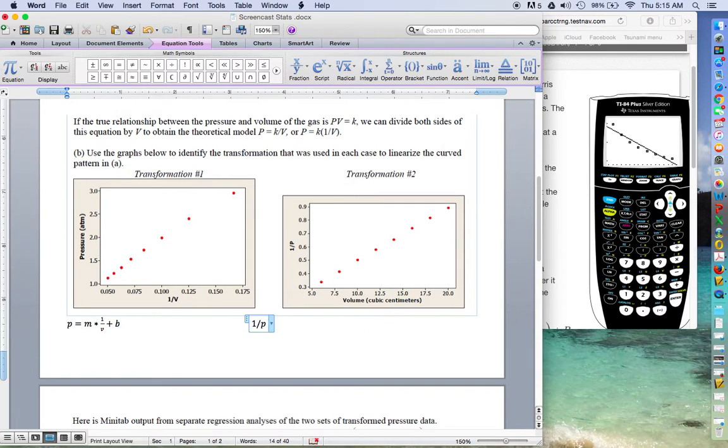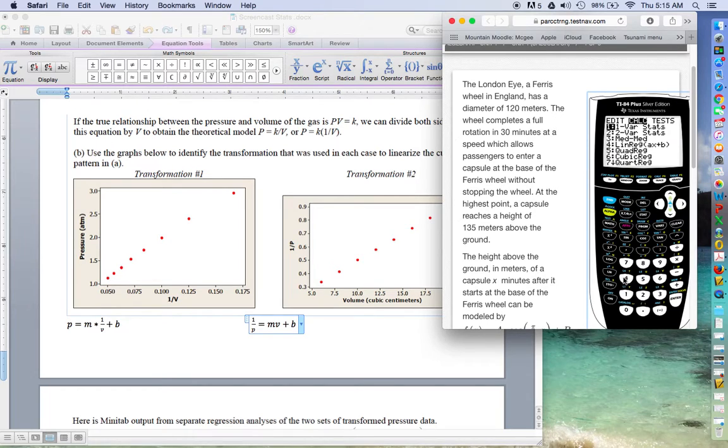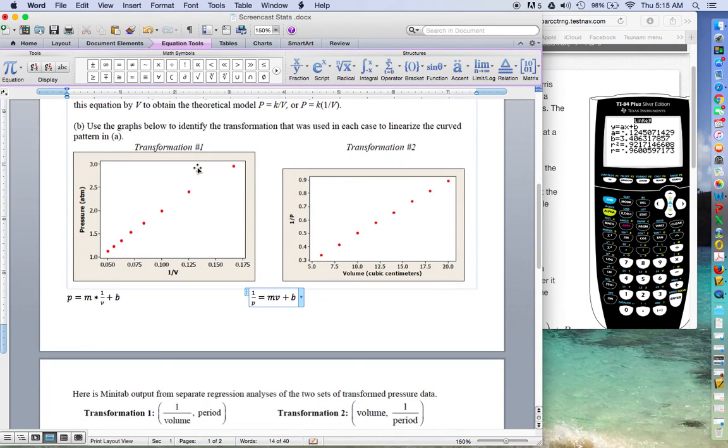So this one has 1 divided by pressure equals m times regular volume plus some y-intercept. And of course, we could get what these m's and b's are if we go back over here to our model and calculate them. So remember, these would be these numbers right here.